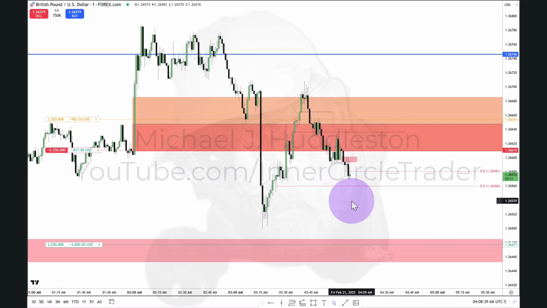This also is an inversion fair value gap. Got a confluence of things here. They're boding well for lower prices.